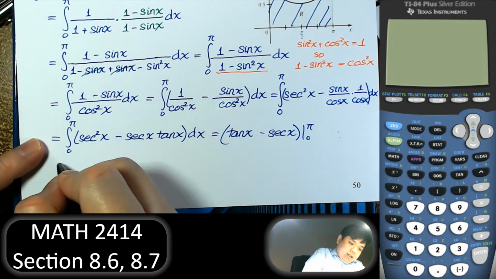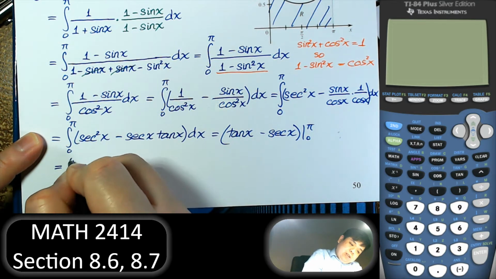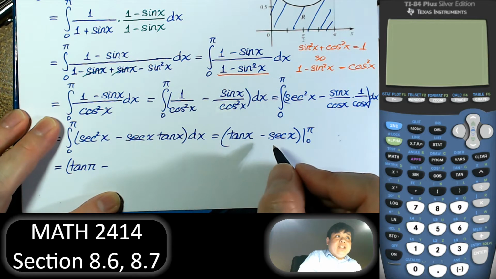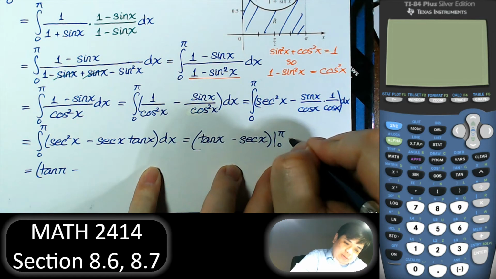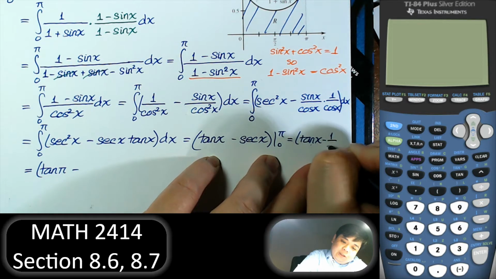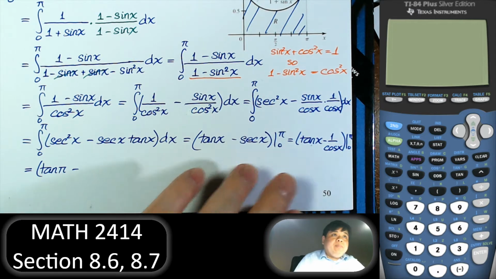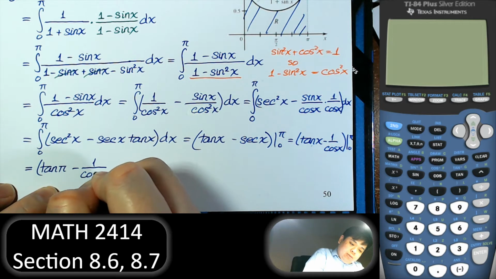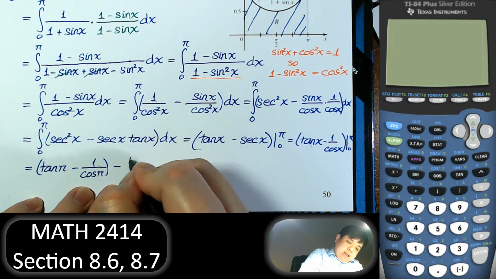Right. So I have tangent of pi minus secant. It is easier to evaluate if we use cosine, so we write 1 over cosine instead of secant. And then tangent of 0.